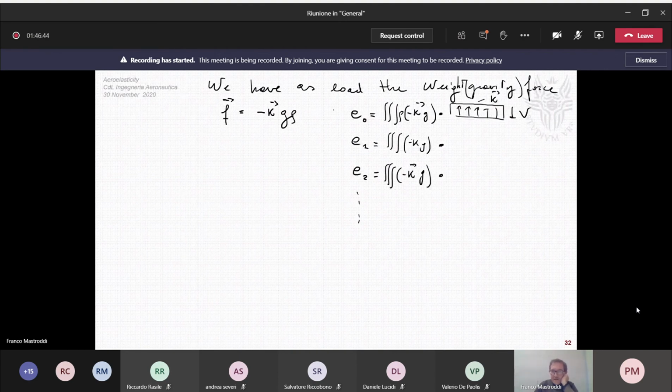And so what is this? This is the weight. But here you have mode shape of the free body, of this type. You have to multiply this by this, for example, by this shape here, right?